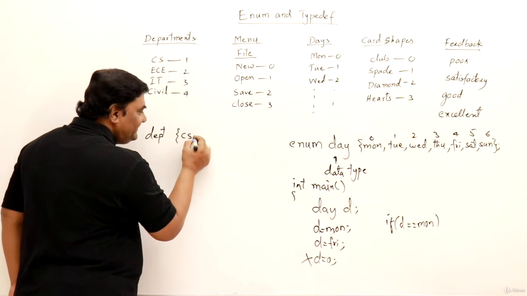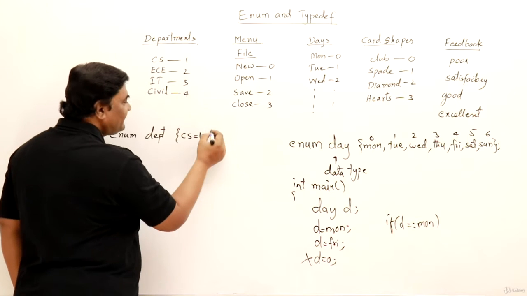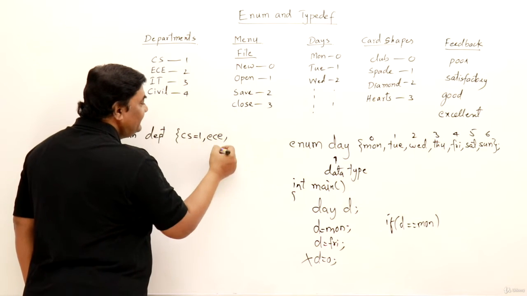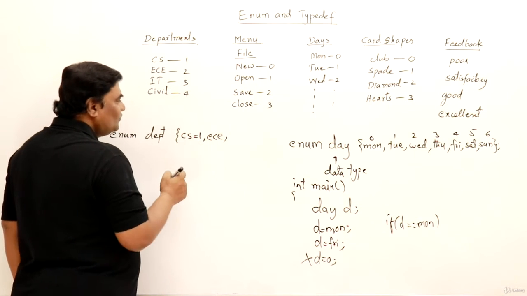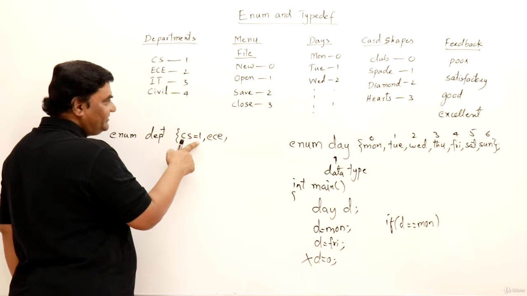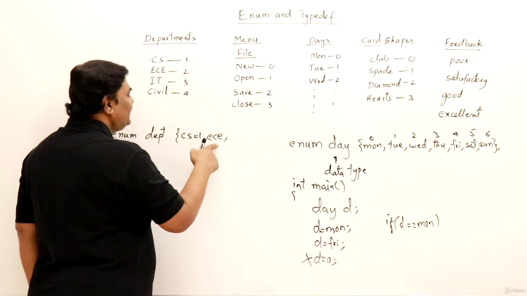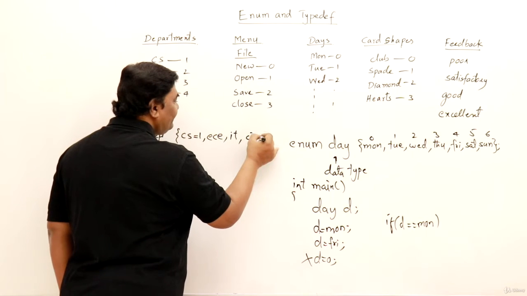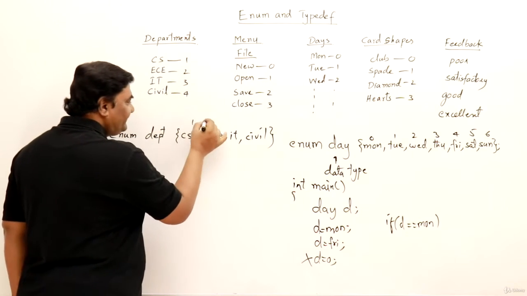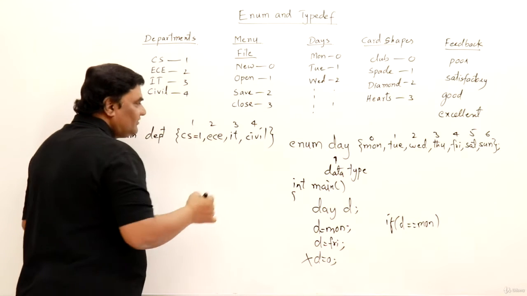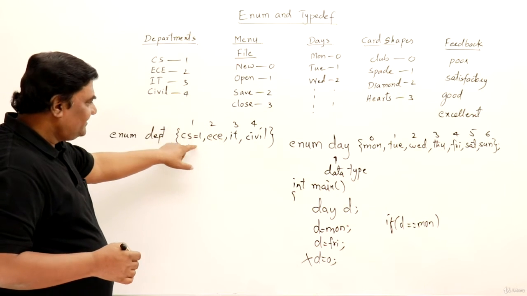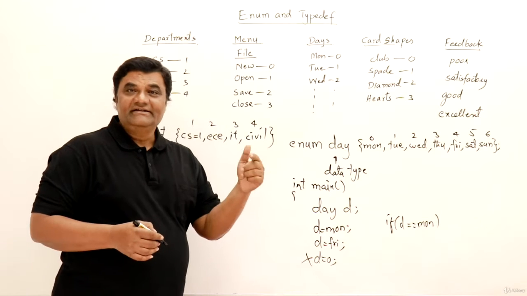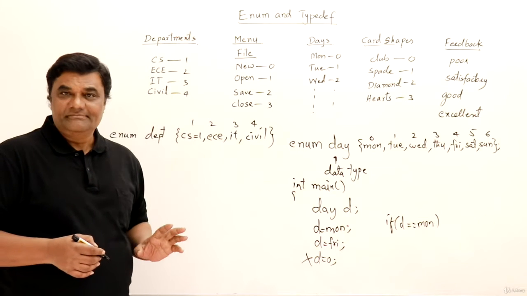So if you say CS assign 1, then next write just ECE. This will automatically become 2. So this is the starting point. You can just mention the starting point, right? Then this becomes 2 and this becomes 3 and civil becomes 4. So this is 1, this is 2, this is 3 and this is 4. So if you mention some starting number, then for the remaining, it automatically takes the next number.